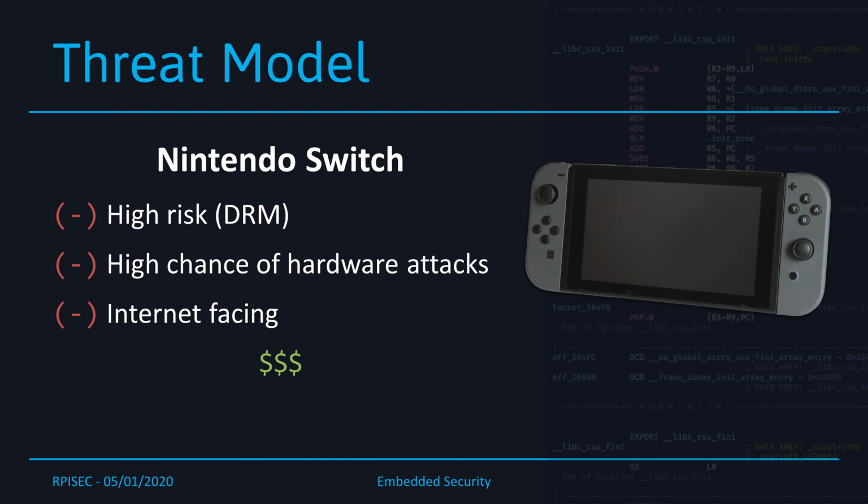There's a high chance of hardware attacks because in this case you are trying to defend the system from the user of the system, which is a very difficult, if not impossible, challenge, but we will talk about that a little bit. And the device is also internet facing, so there's a lot of attack surface all over it.